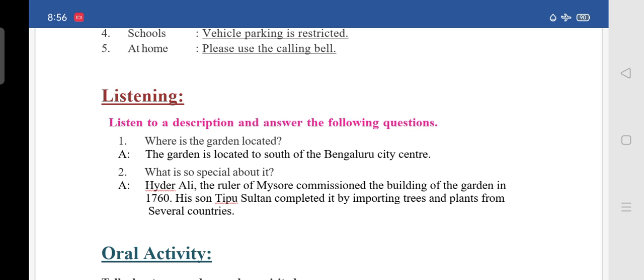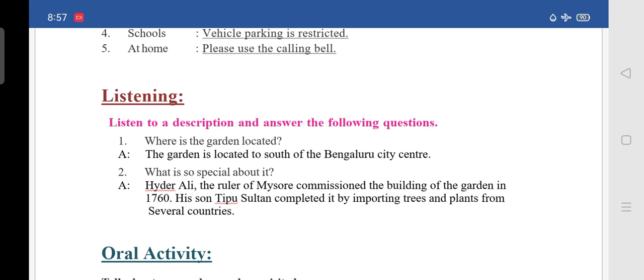The glass house is the main attraction in this garden, modeled on London's Crystal Palace. Look there, you can see a 300-year-old Christmas tree. There are many such old trees we can find in the garden. Children, look there. You can find the scientific name tag on each tree. Now we are moving towards the rose garden, which is another highlight of Lal Bagh.